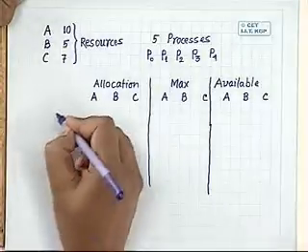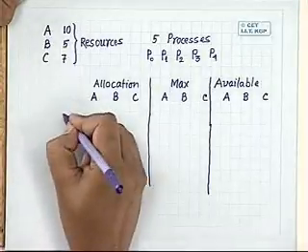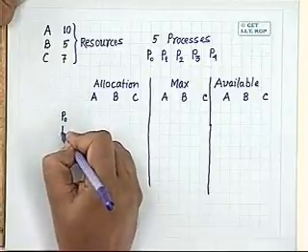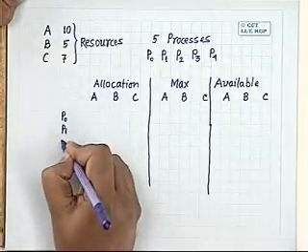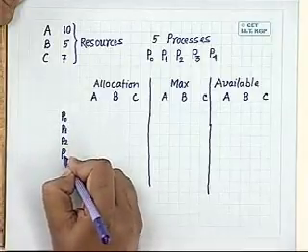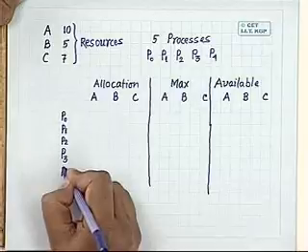And we have 5 processes, so I'll put them as P0, P1, P2, P3, and P4.